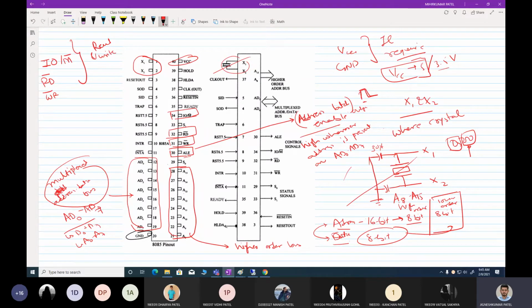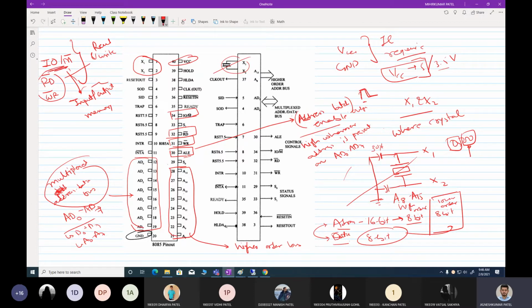Whether the operation is a read operation or a write operation, that information will be provided by RD bar and WR bar, and IOM bar will provide you information whether that read or write operation is performed on input output or a memory.